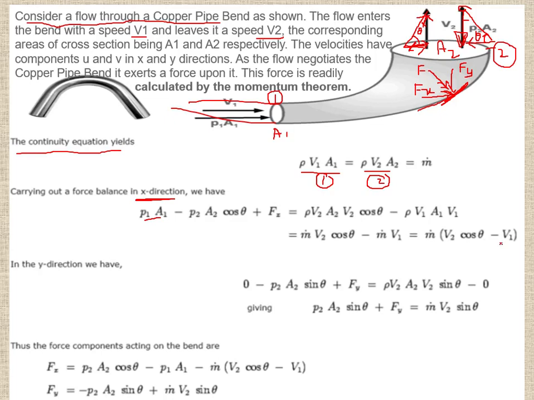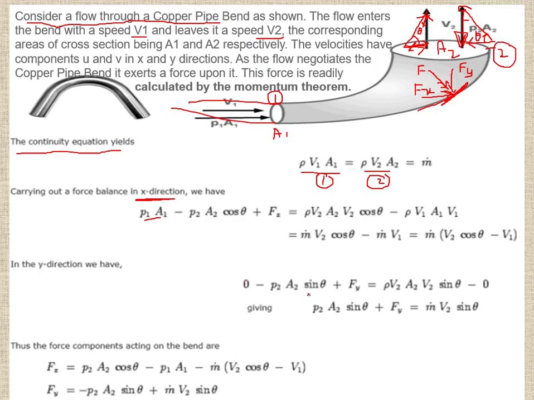All right, now let's analyze the force in the y direction. In the y direction there is no force component at point 1, and there is no pressure force in the y direction at point 1.